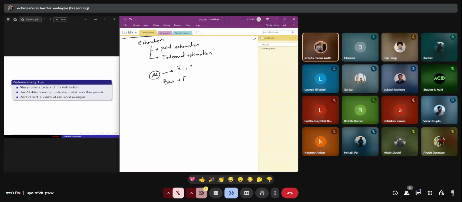Suppose you take the expected value of x bar minus mu. The expected value of x bar is mu and the population parameter is mu, so this is 0, which means x bar is an unbiased estimator, right?